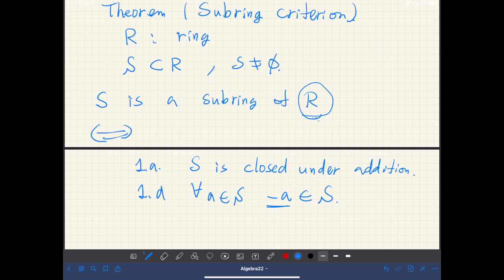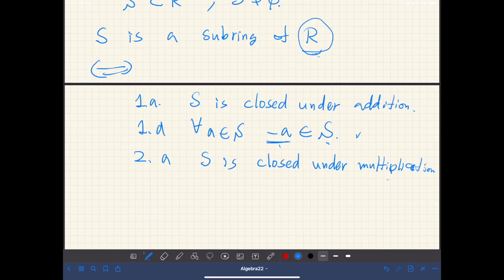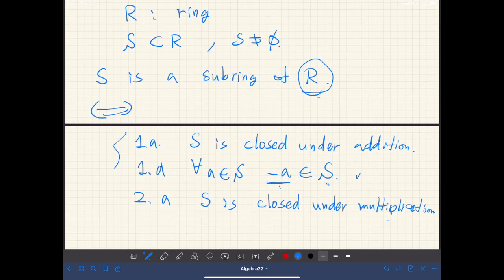But if that element happens to be an element of S, then this condition is met. That's what this means. And the last condition is that S is closed under multiplication. Of course, this multiplication is the same multiplication as in R.